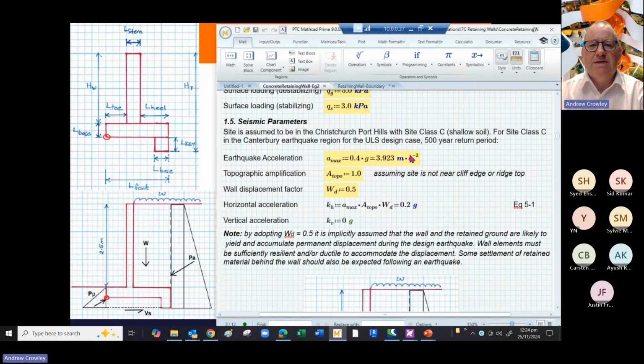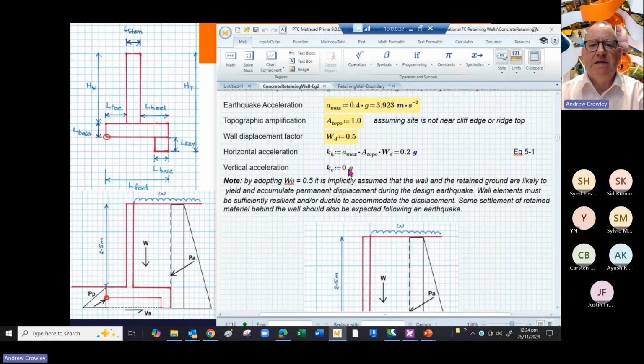From the example, we're given that the A max is 0.4 of g, acceleration due to gravity. Topographic amplification is 1, so we're not near a cliff edge or a ridge top. Our wall displacement factor is 0.5 because of the scenario we're looking at. So that equates to a horizontal acceleration of 0.2 g. Now we're ignoring the vertical acceleration for simplicity.